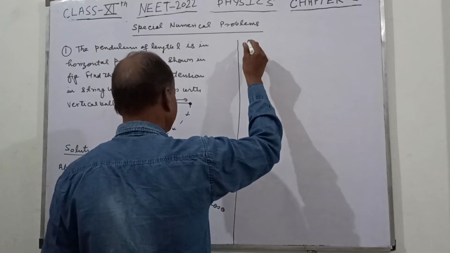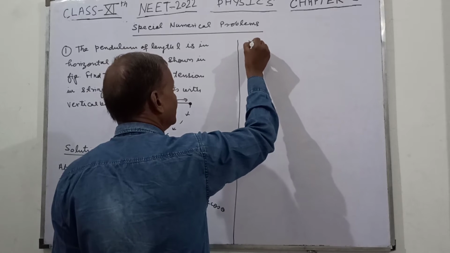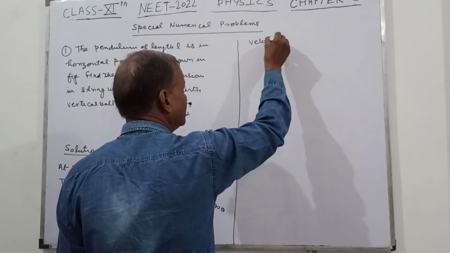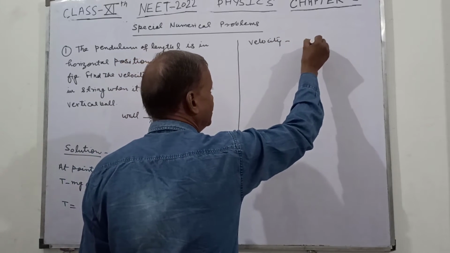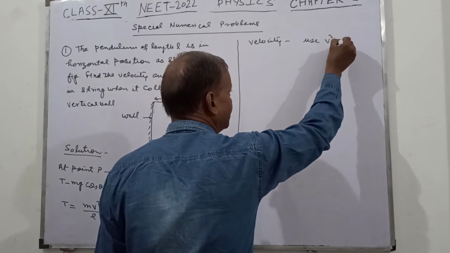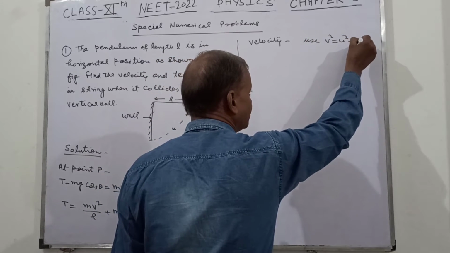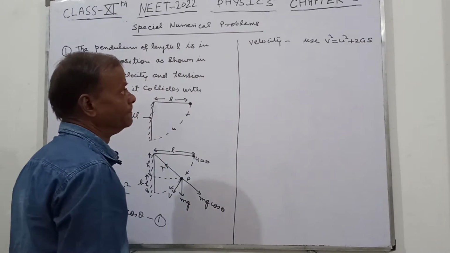Here we use v square equal to u square plus 2as.